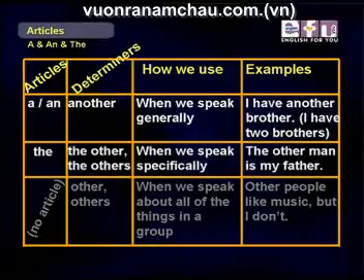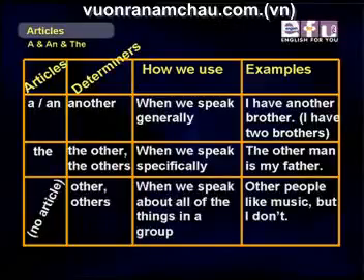And our article the. Well, we can also say the other or the others when we speak specifically about another group. So the other man is my father. So here's one man, there are two men, here's one man, and the other one is my father.